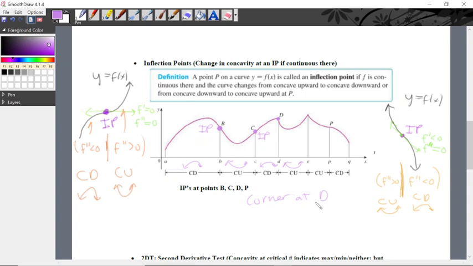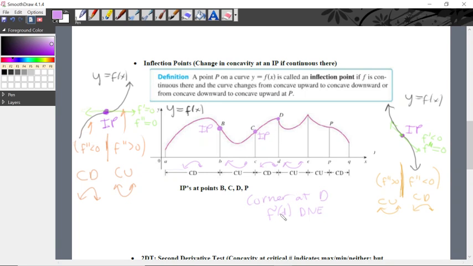And if there's a corner on a function, and this would be the graph of the original function y equals f of x, by the way, that we're looking at here. If there's a corner on the graph, and the input is lowercase d, then that means that f prime of d does not exist.